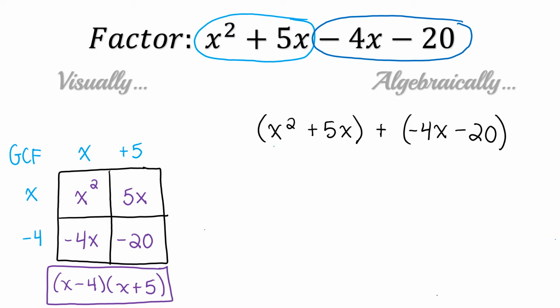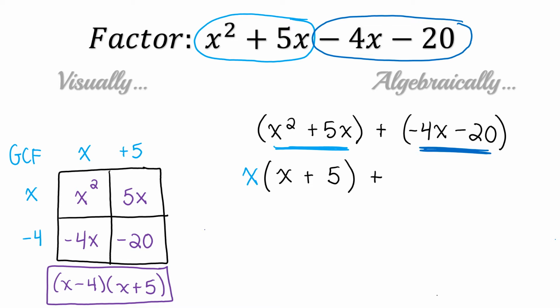Then we want to factor the greatest common factor from each group. The greatest common factor between x squared and 5x is x. So we have x times x squared divided by x is x, plus 5x divided by x is 5.